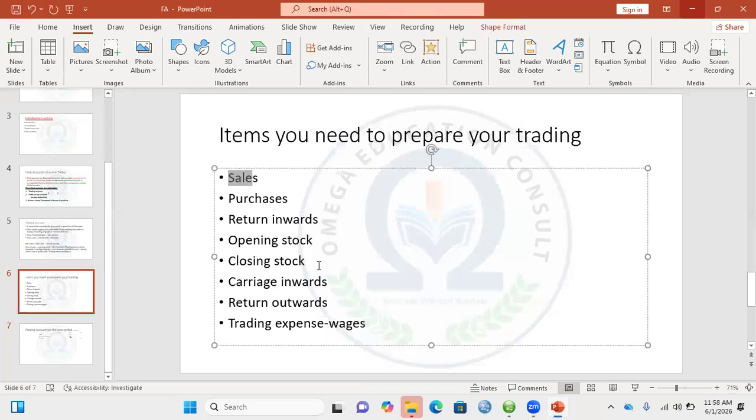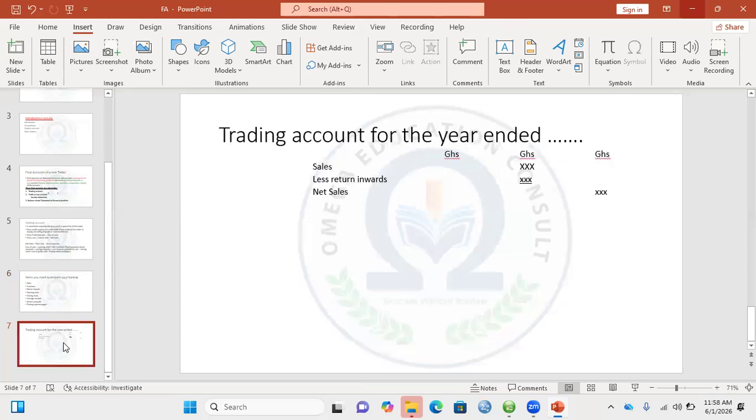So the remaining items, purchases, opening stock, closing stock, return outwards, carriage inwards, they will help us determine the cost of sales. And look at how we go about the cost of sales. Please, at any point, if you have a question, let me know. So you put the heading cost of sales, okay? Then you underline it.